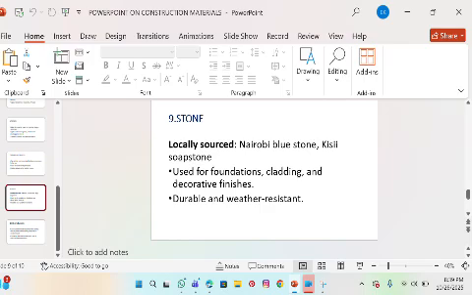These stones are especially used for foundations, cladding, that is facings, and decorative finishes. The main function of stones, why they are mainly used, is that they are durable and weather resistant. Another thing is that they are easily available. They can be accessed at any place at any point.